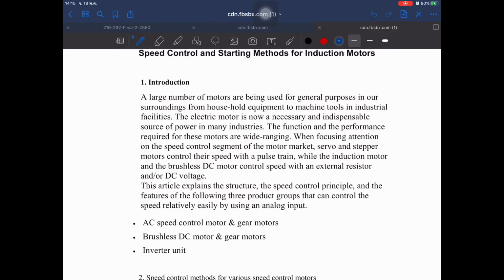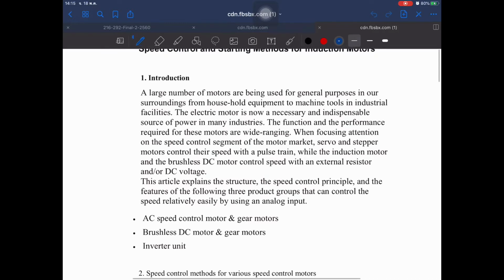The electric motor is now a necessary and indispensable source of power in many industries. The function and the performance required for this motor are wide-ranging.